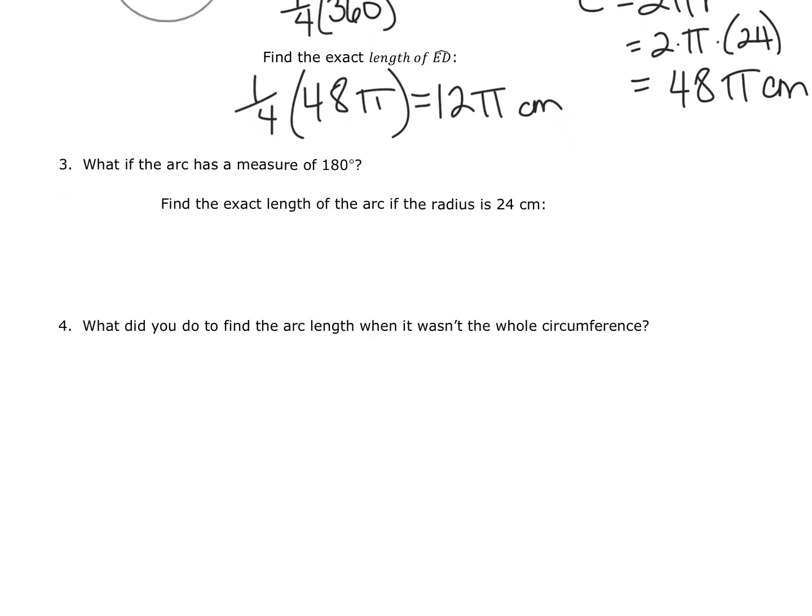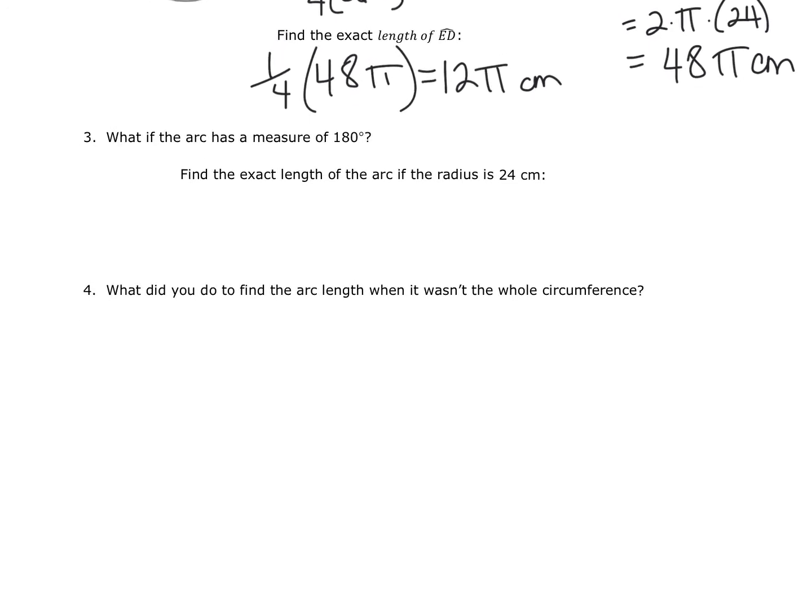Okay, what arc has a measure of 180 degrees? Find the exact length of the arc if the radius is 24. Our circumference is 2 pi r, and we have 2 times pi times 24, which is 48 pi.